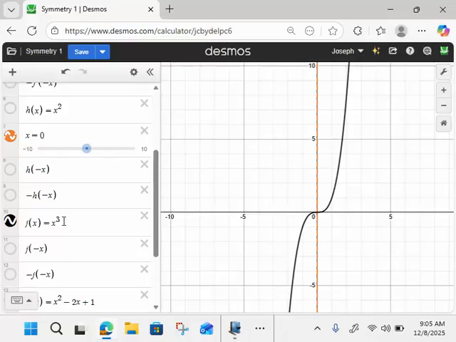So if I took this function and I flipped it over the y-axis and then I flipped that over the x-axis, I would end up with the same thing. So check it out. This is what I get if I flip it over the y-axis. Now if I take that and flip it over the x-axis, I get this.